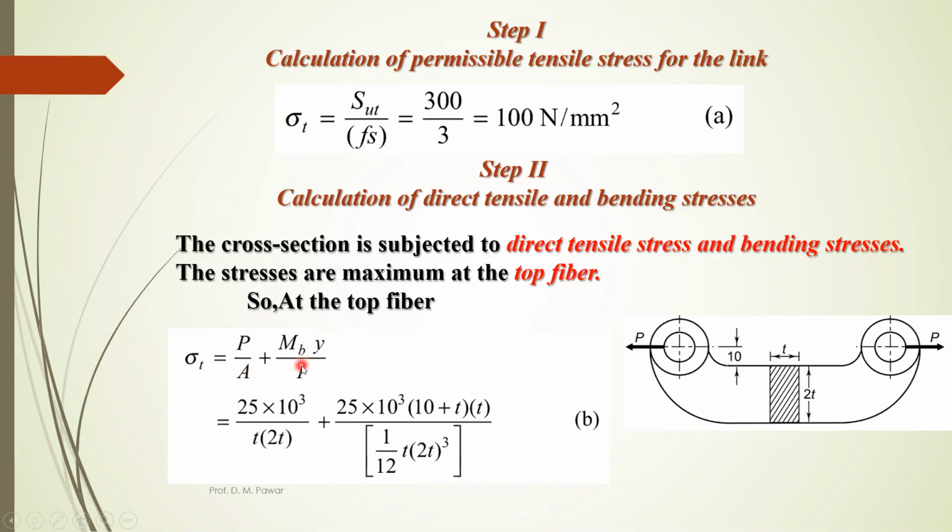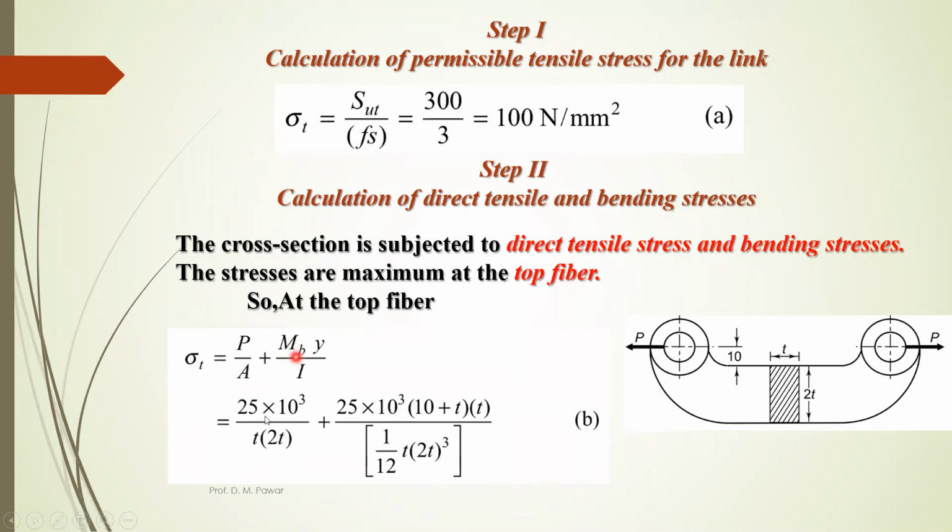In the previous numerical we subtracted, because that was a compressive stress. But here the tensile stress has the same nature as the bending stress, so both are positive values. So bending stress plus tensile stress in this problem.